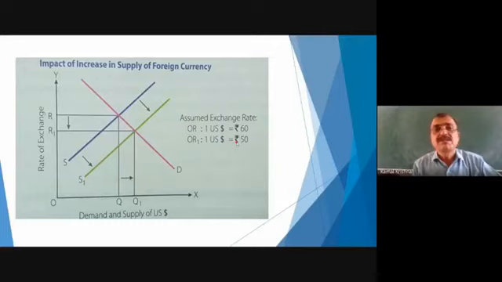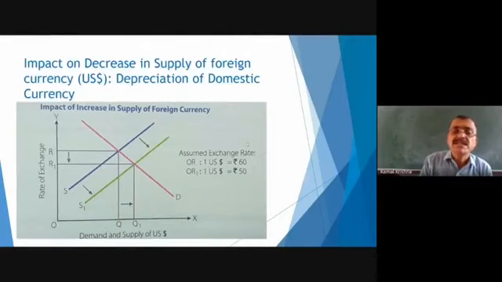It means that the Indian rupee has become stronger now. The Indian currency is appreciated again here. We have seen here that when the demand for foreign exchange falls or when the supply of foreign currency increases, it will lower the exchange rate, known as the appreciation of the domestic currency.